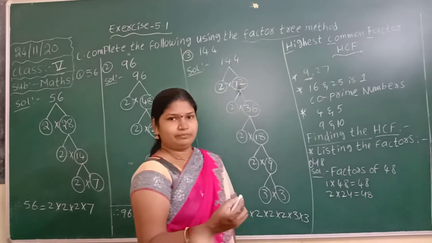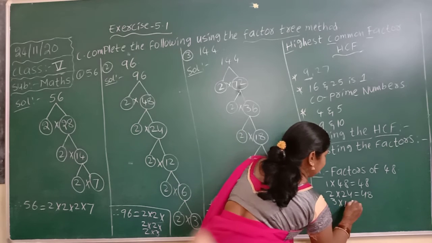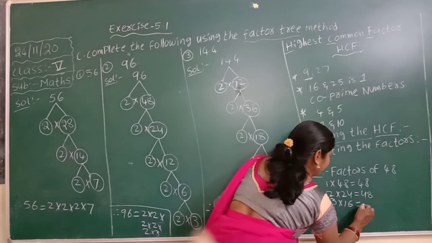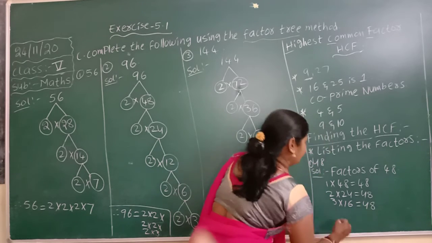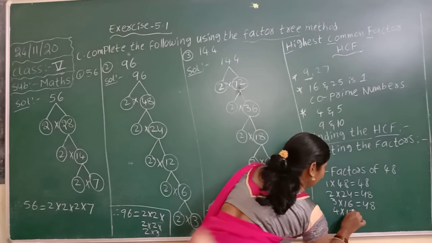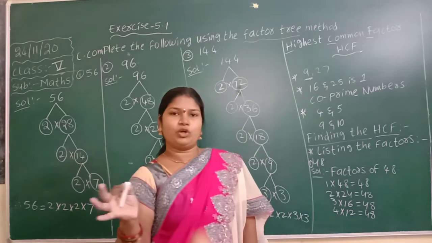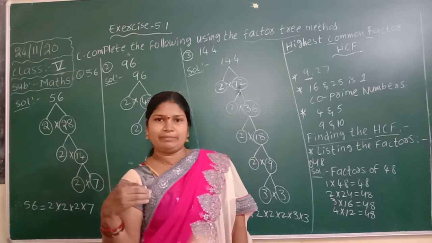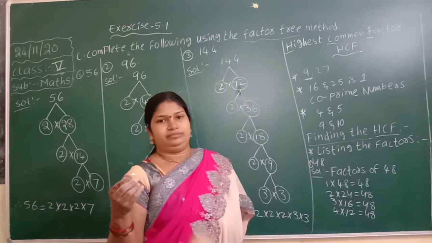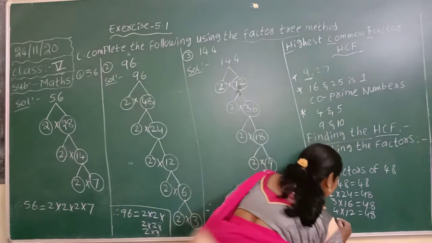In the 3 table, 3 ones are 3, 3 sixes are 18, that is 3 sixteens are 48. In the 4 table, 4 twelves are 48. 5 table, not coming. 6 table, read the 6 table; in the 6 table we will get 48. 6 eights are 48.